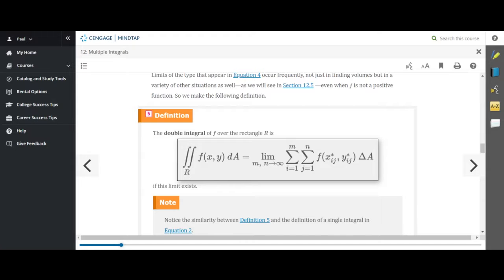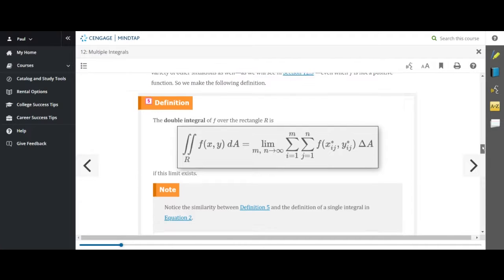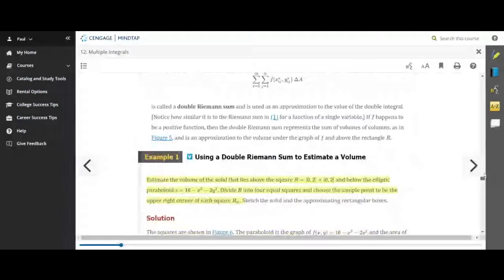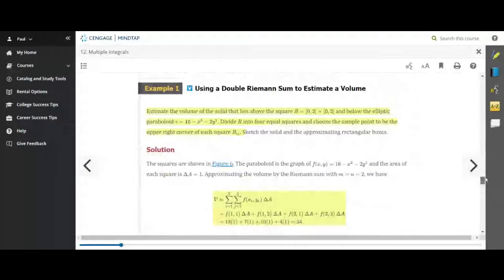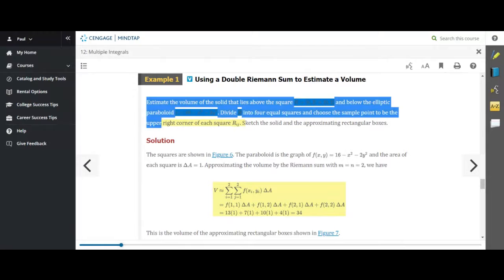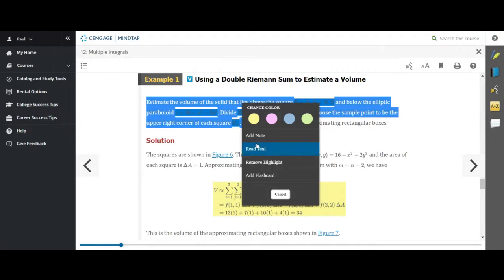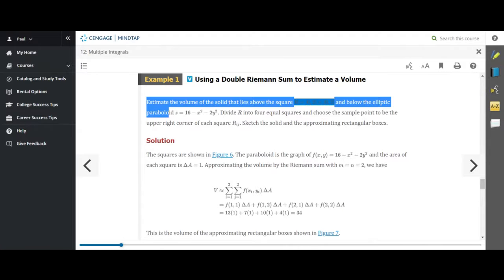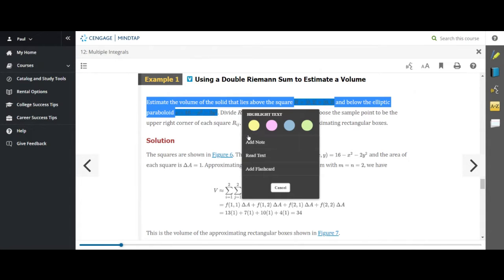All right, let's look at a few examples. If we go to example 1, let me just remove the highlight here and put it back so you know what we're doing.